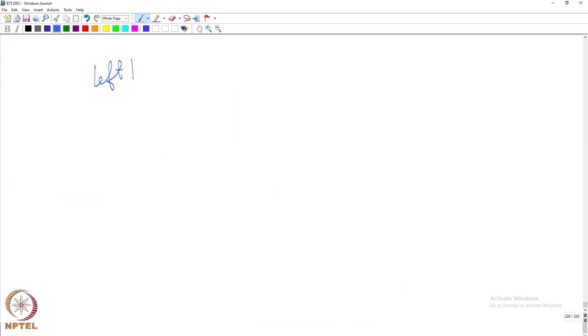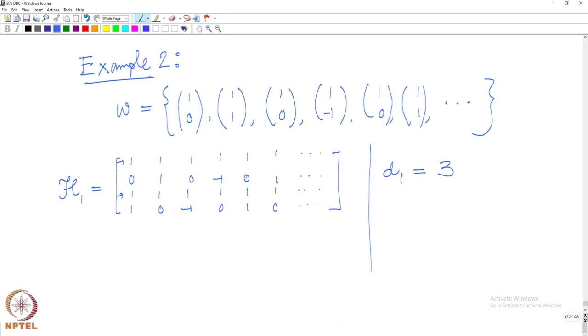Because the size is 4, rank is 3, the left kernel dimension will turn out to be equal to 1, and it is the span of, see, first and third row are the same. So, 1 0 minus 1 0, that is the left kernel of H1. Great. How about H2?